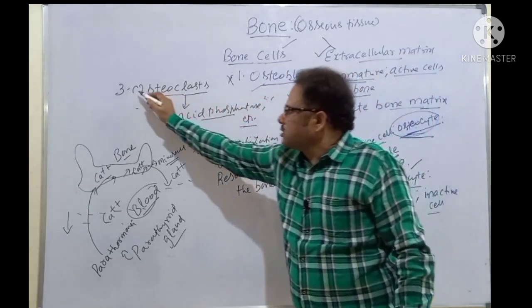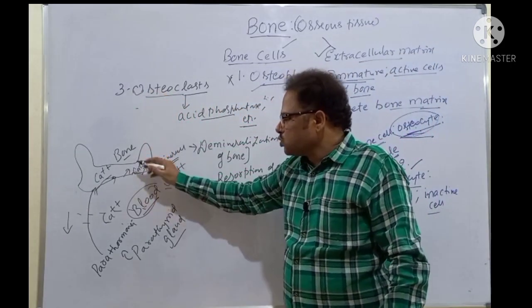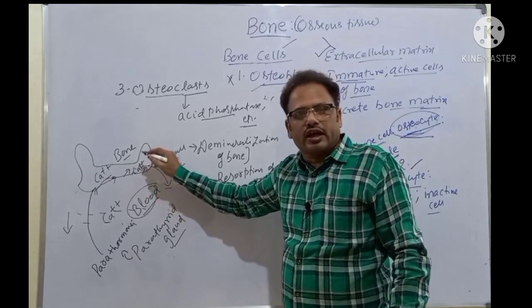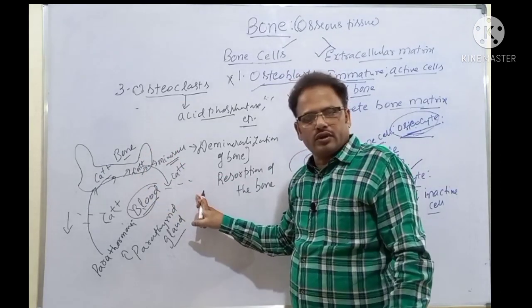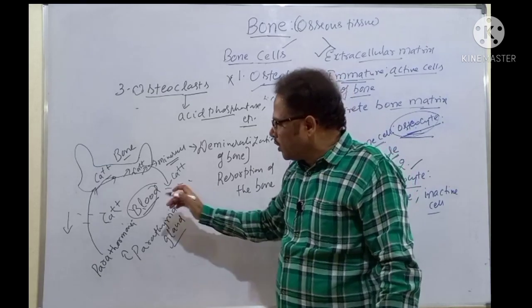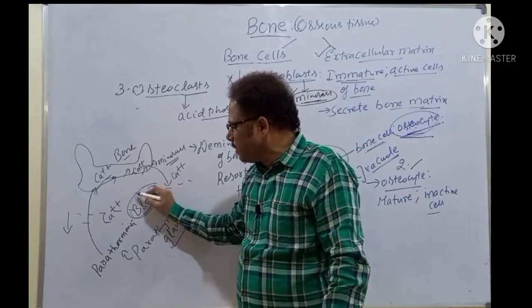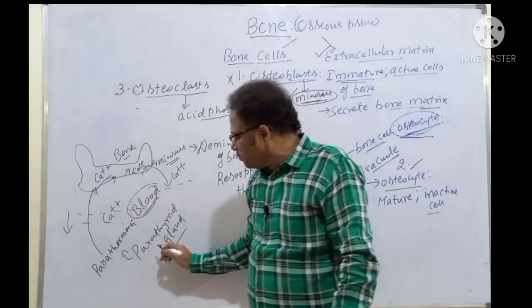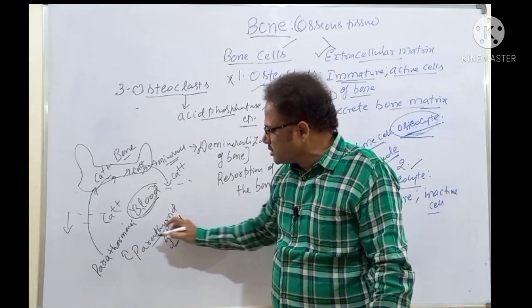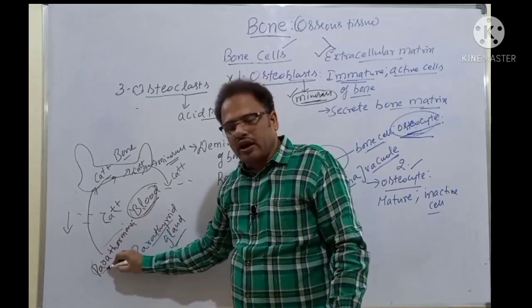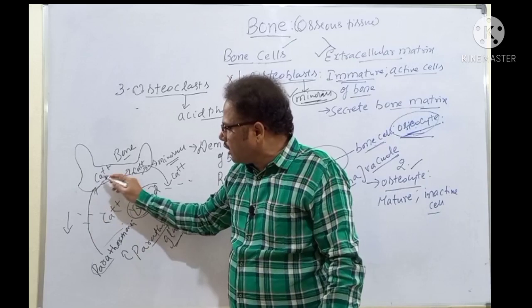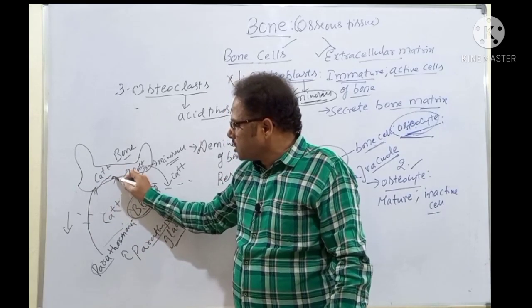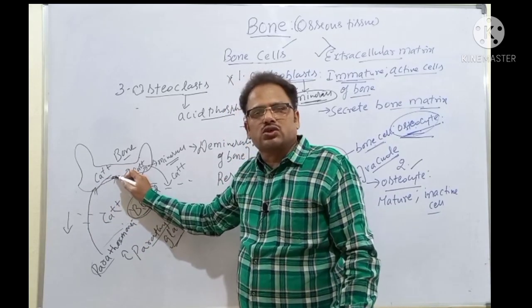Whereas osteoclasts destroy the bone so as to release the calcium salts and other minerals into the blood. What for do they do this? Because the blood calcium level is decreasing. That's why what is released here? The parathyroid gland releases a very important hormone called parathormone. Through the blood, where is the parathormone going? To these osteoclasts, so that the osteoclasts are activated.